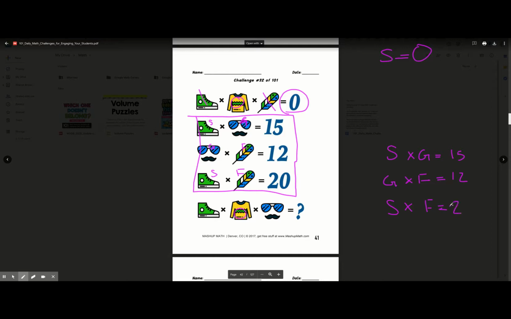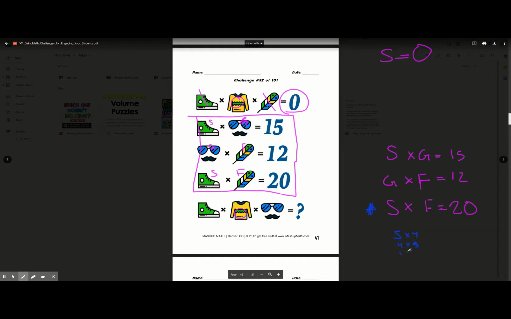So the first thing that I'm going to do is choose any of these that I want, and start plugging in different numbers that would equal that. Personally, I'm going to start with this bottom one, but you can start with whatever you want. So shoes times feather equals 20. Well, the first one that comes to my mind, I know that 5 times 4 equals 20, and 4 times 5 equals 20.